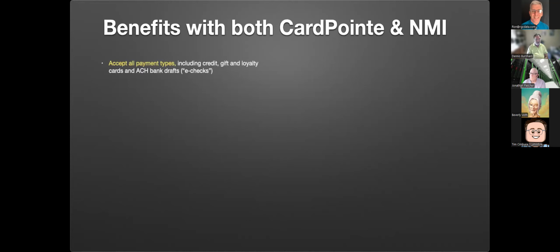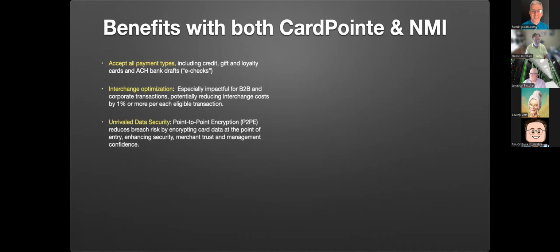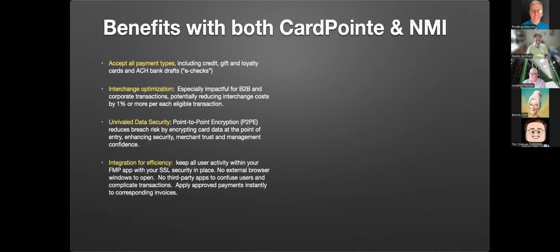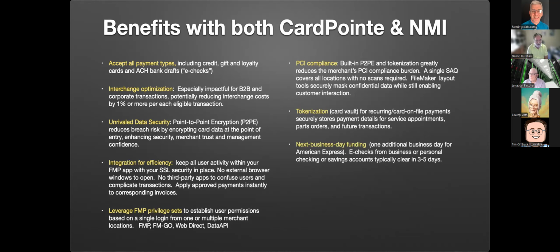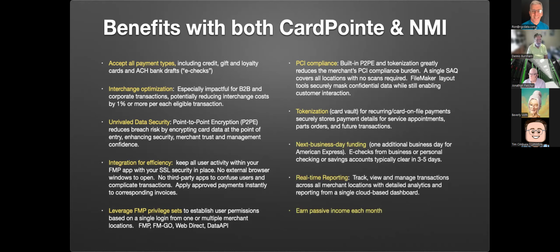So there are benefits of working with both of them. Both of them handle all payment types, including gift and loyalty cards. There's a financial difference according to what kind of a card it is. They all offer optimization for corporate transactions, and that reduces interchange costs by about 1%, maybe a little more, for transactions that are eligible for that.